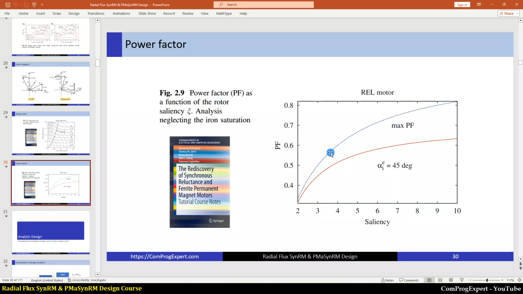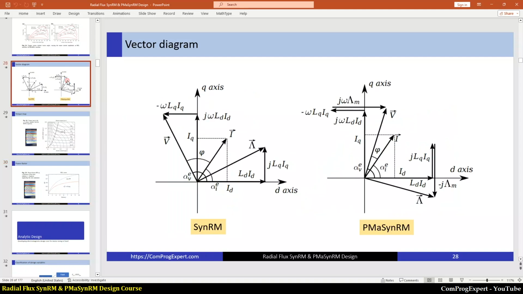The blue graph is when we drive the motor considering the maximum power factor condition, and this red curve is when we drive the motor considering the maximum torque per ampere. Even for high values of saliency ratio, the value of power factor is low. And how can we reduce the phi angle?